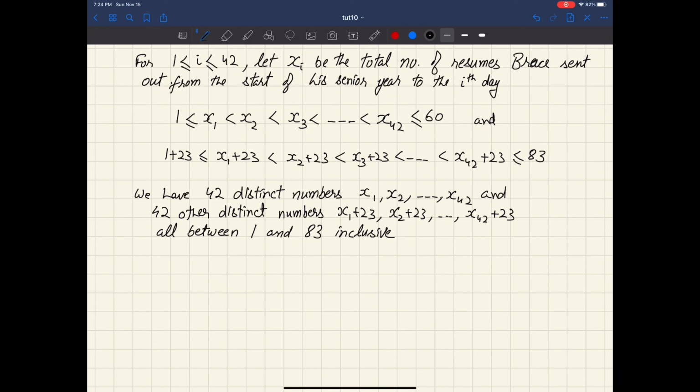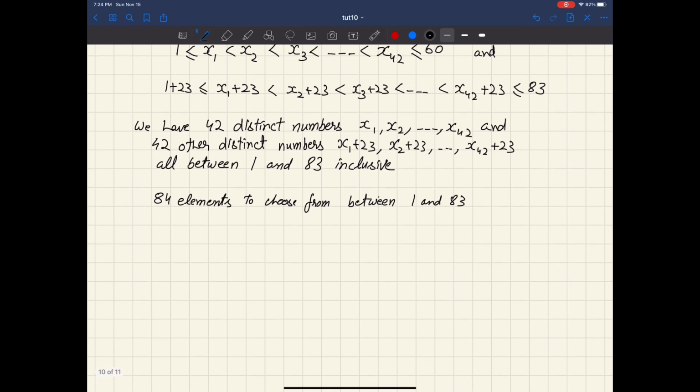So in total, we have 84 elements, which could be x1, x2, x42, or x1 plus 23, x2 plus 23, anything. So we have 84 elements to choose between 1 and 83. There's one extra element, so by the pigeonhole principle, at least two of them must be equal.